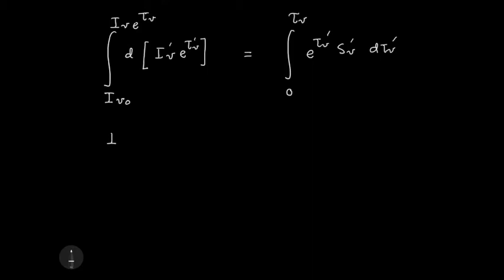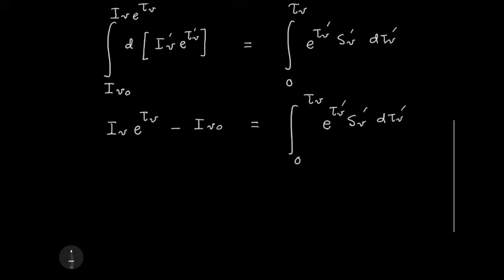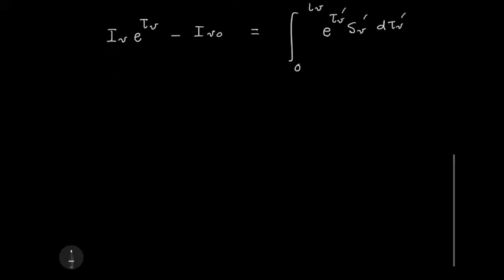The left integral is straightforward to do. If I do, I will get, again I should write with primes there, I nu e to the tau nu minus I nu 0 equals the integral from 0 to tau nu of e to the tau nu prime S nu prime d tau nu prime.